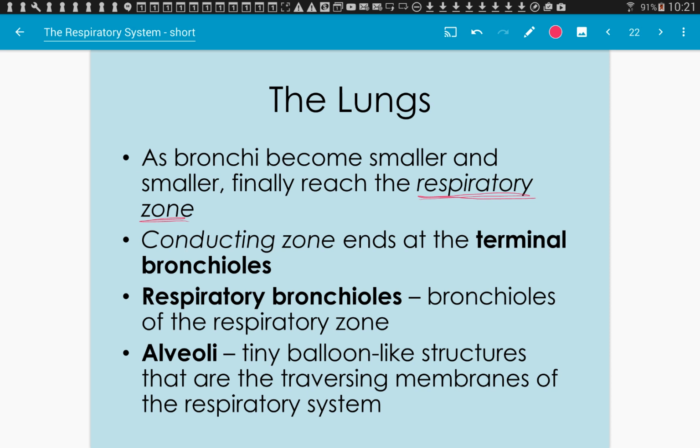But from those terminal bronchioles, it branches even further. And so I'm going to move back over here. I'm going to put terminal bronchioles. So this is the last part of the conducting zone. When those branch, it branches into, what do we call them? Respiratory bronchioles, okay?